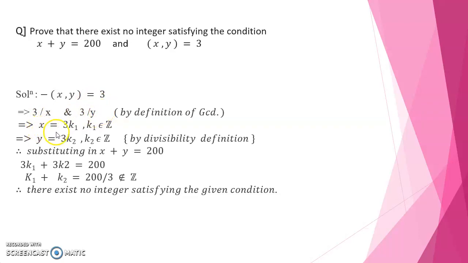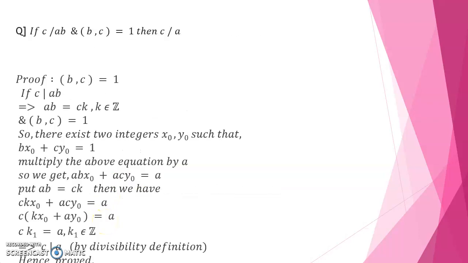Applying the definition of divisibility, we have x equal to 3k1 and y equal to 3k2. Substituting in x plus y equal to 200, we have 3k1 plus 3k2 equal to 200. Dividing throughout by 3, we have k1 plus k2 equal to 200 by 3, and 200 by 3 is not an integer. Therefore, there does not exist any pair satisfying the given condition.